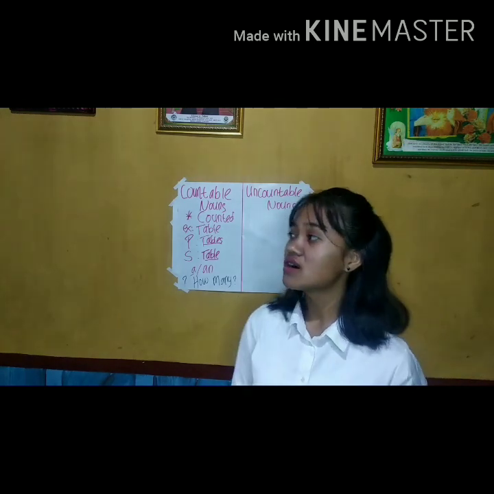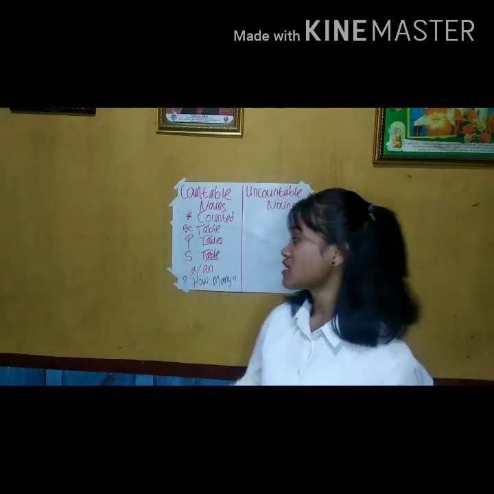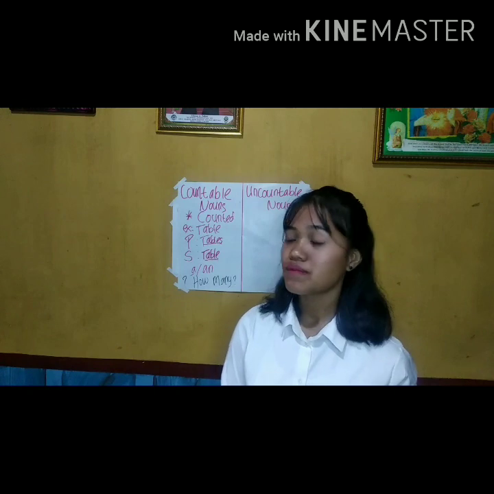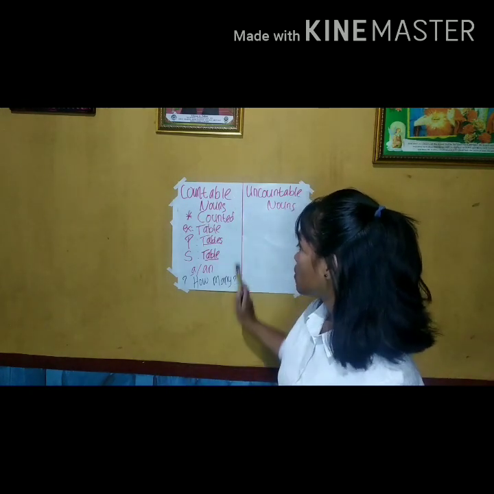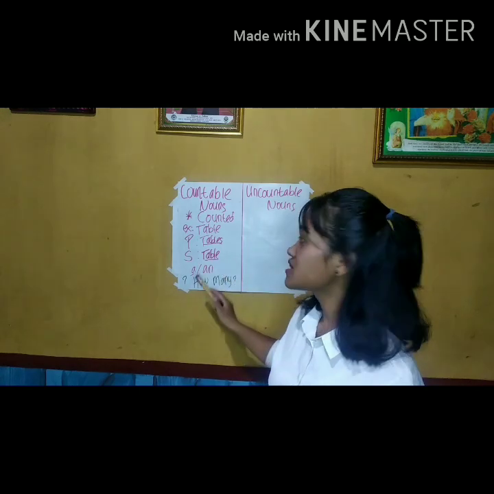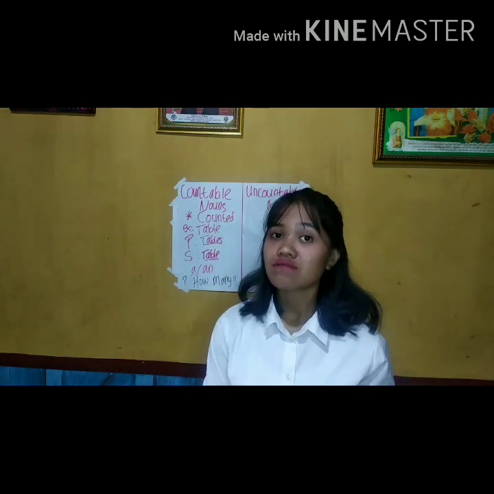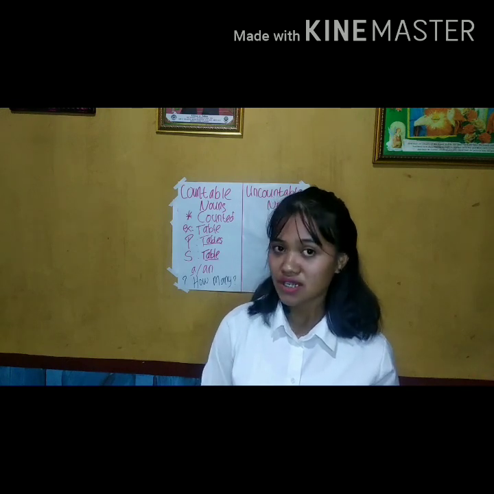How many chairs are in the classroom? How many dogs do I have? We can use many to ask about countable nouns. So if the question has many, it means it is a countable noun, a noun we can count directly with numbers.